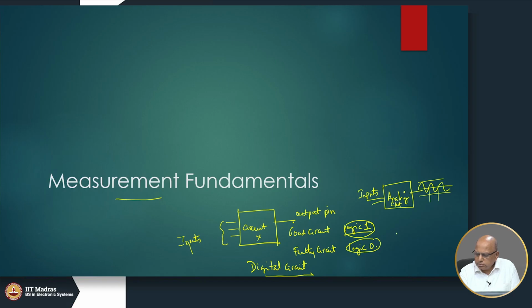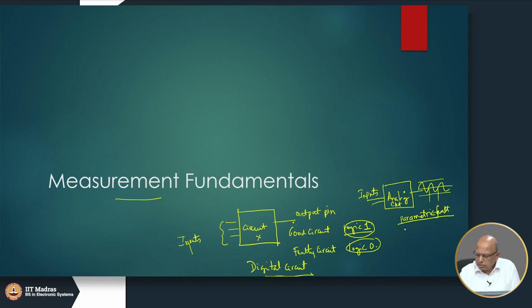Because of some defect, some parametric defect, or parametric fault, the sinusoidal that is getting generated may have a different amplitude, or it may have a different frequency than what a good circuit will produce.